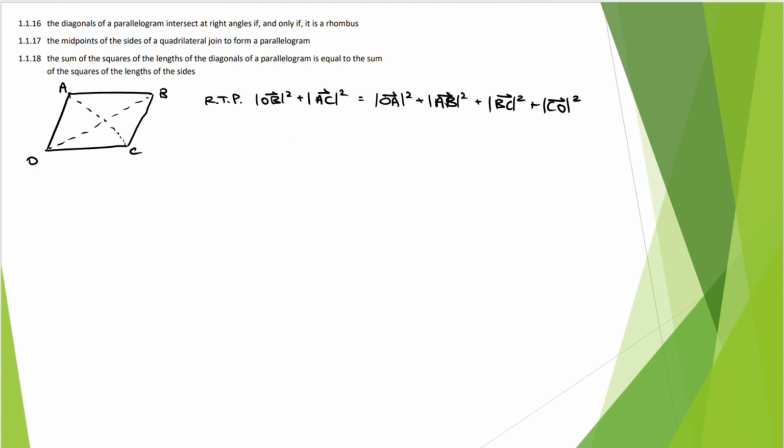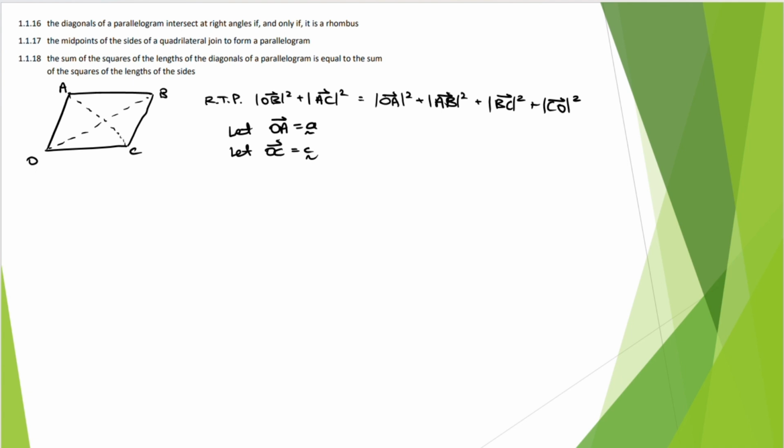And generally, again, as we did in the first proof, we want to relabel these vectors, so we can let OA be equal to the vector A, and let OC be equal to the vector C. This is a very common notation that we adopt when we're doing vector proofs.